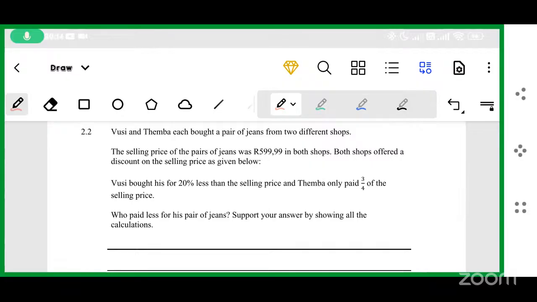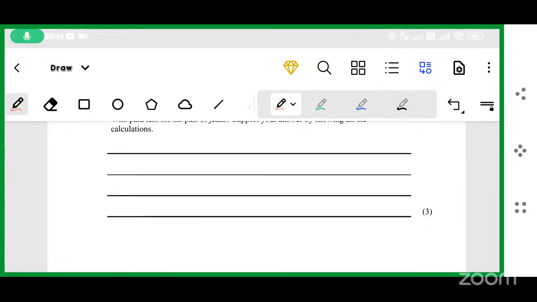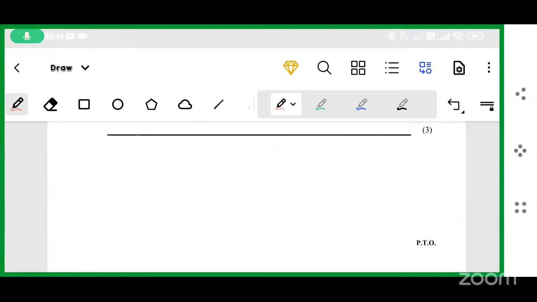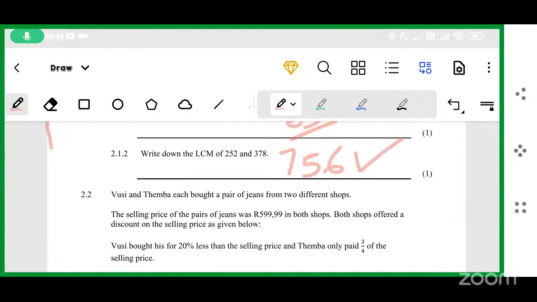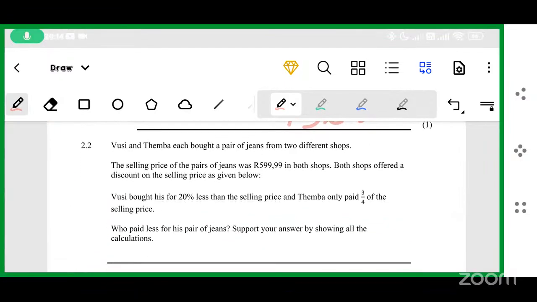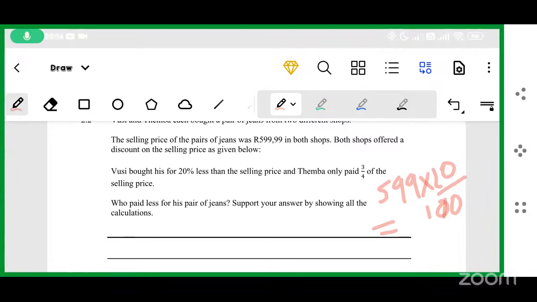Then I think we're going to start with Lucy by saying 599.99 times 20/100. Okay, and what's your final answer? I wrote 119.99. Pardon? 119.99.